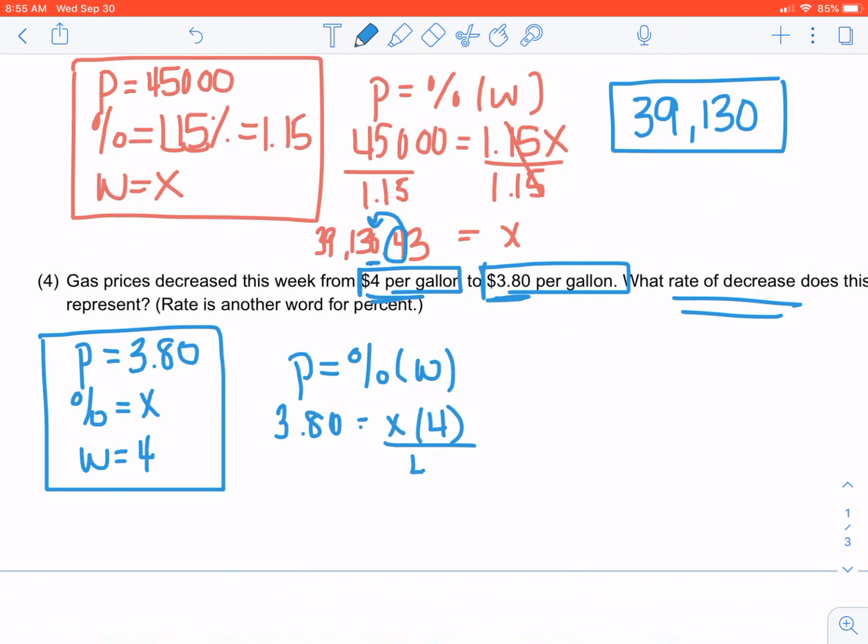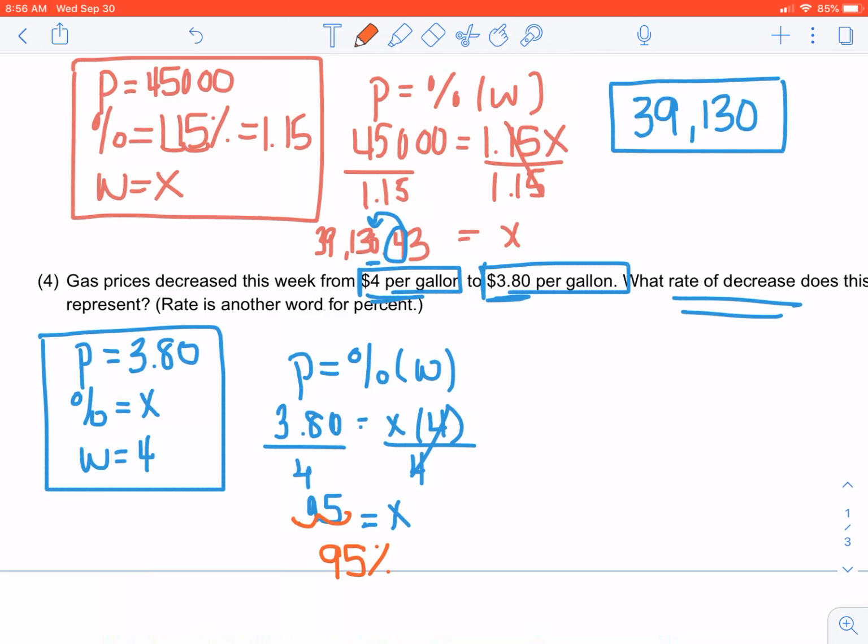I want to solve for x. So I'm going to divide both sides by 4. So I have $3.80 divided by 4, which gives me 0.95. Okay, now that's not my answer. I got to make it into a percentage, so I'm going to move it over. And I get 95%.